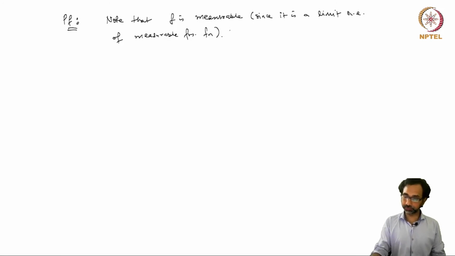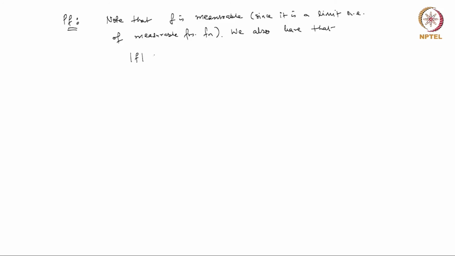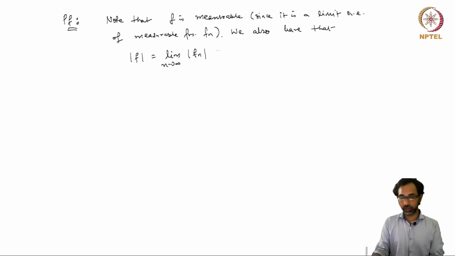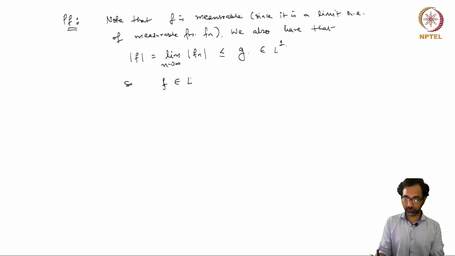Secondly, we also have the modulus of f is equal to the limit as n goes to infinity of the modulus of f_n, and this is bounded above by this function g, and this is an L1 function. So f is in fact an L1 function.